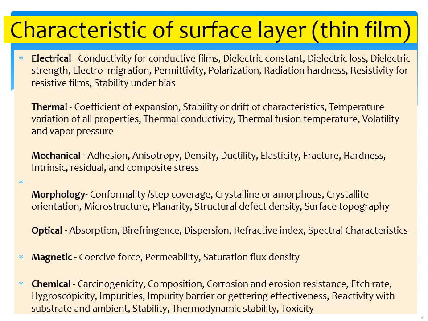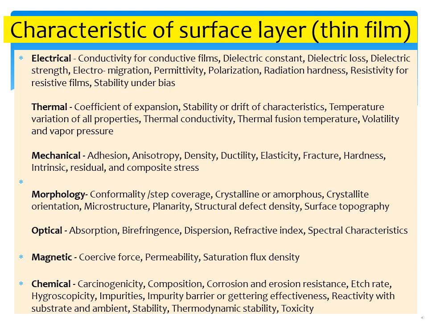Mechanical characteristics consist of adhesion, anisotropy, density, ductility, elasticity, fracture, hardness, and intrinsic, residual, and composite stress. In terms of morphology, there are conformality or step coverage, crystalline or amorphous, crystallite orientation, microstructure, planarity, structural defect density, and surface topography. For optical characteristics, there are absorption, birefringence, dispersion, refractive index, and spectral characteristics.